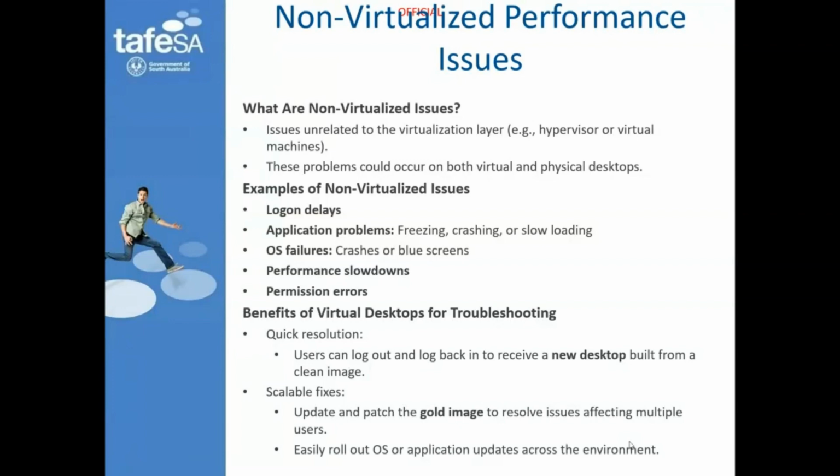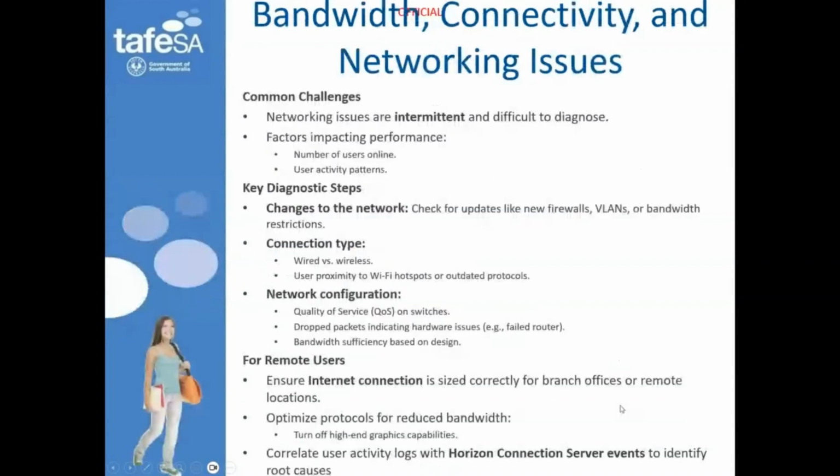Even if I can use group policies to push out the fix, it would have to be done on each machine. And if a machine is not turned on for many days because that happens to be the back corner one that no one wants to sit on, then that's still going to be a problem next time, isn't it? So basically, update and patch the golden image. It will resolve issues affecting multiple users, and it's easily rolled out operating system or application updates across the environment.